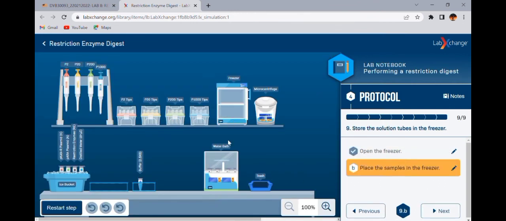Lastly, open the freezer and place the samples in the freezer.